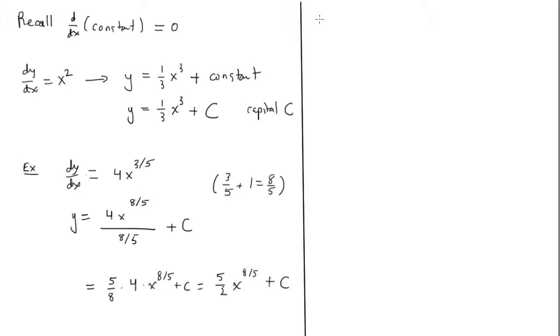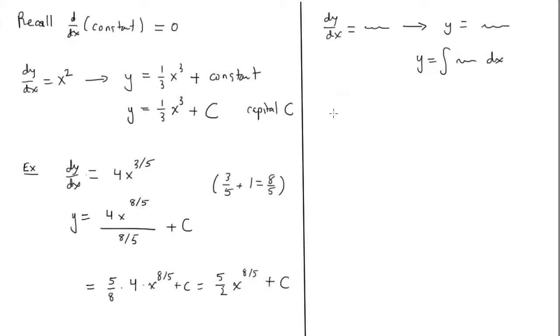So, if I have dy dx equals something, and I want to find y equals something, then the way I'm going to notate this is to say y is this funny looking s symbol dx.